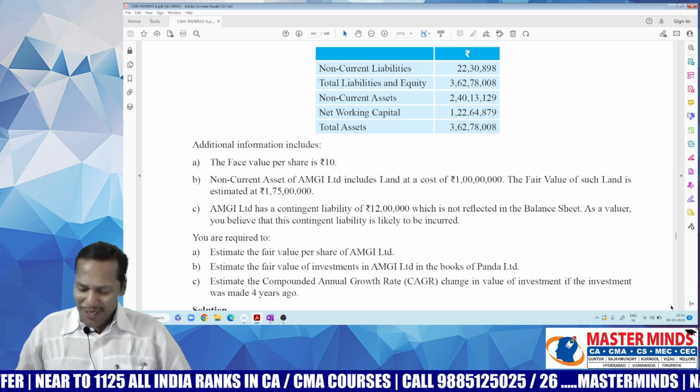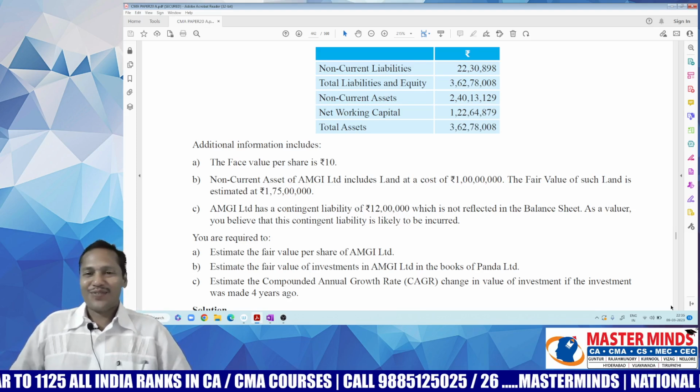Net assets value is nothing but total assets minus external liabilities.